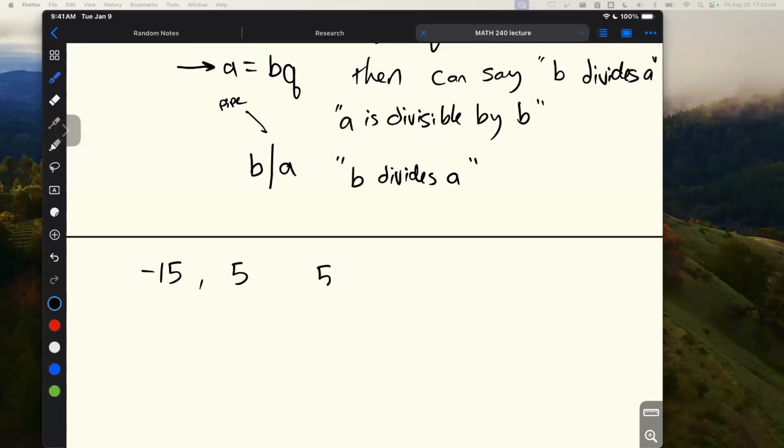So we know that 5 times -3 is -15. In this case, 15 is a, 5 is b, -3 is q. And so we can write that 5 divides -15.